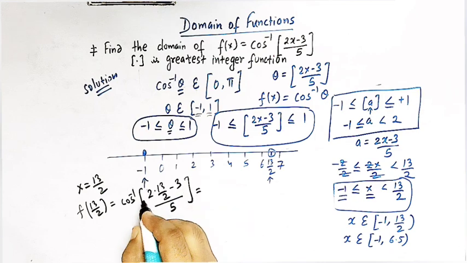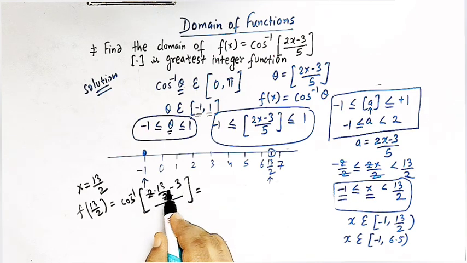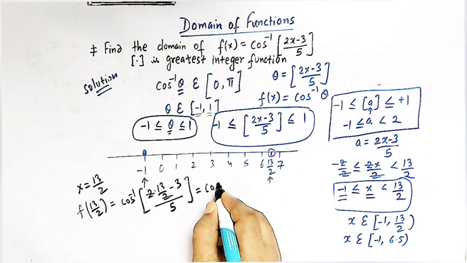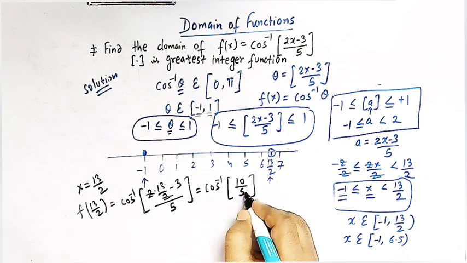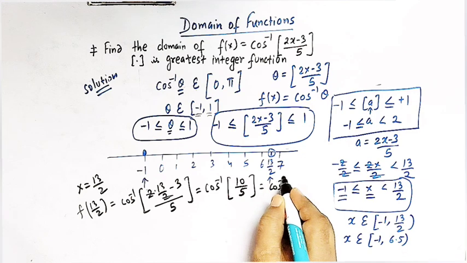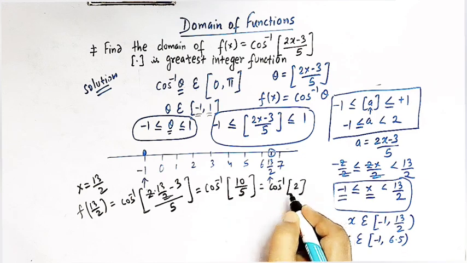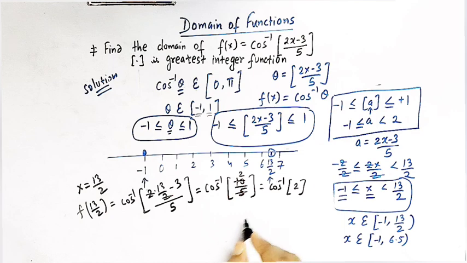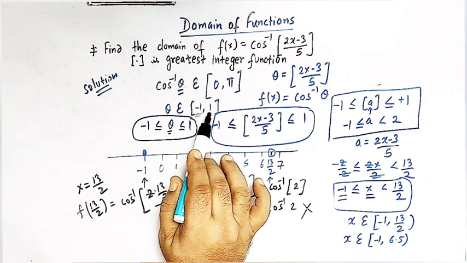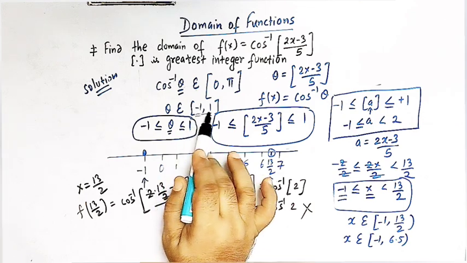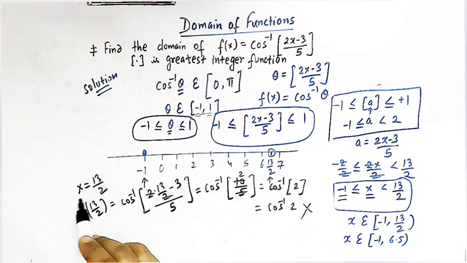So we can see that 2 and 2 get cancelled, and 13 minus 3 is 10, and we have 10 over 5, that is cos inverse greatest integer of 2, and greatest integer of 2 is 2, and we can see that 2 is not included in this interval. So we have to discard x is equal to 13 by 2 from the domain.